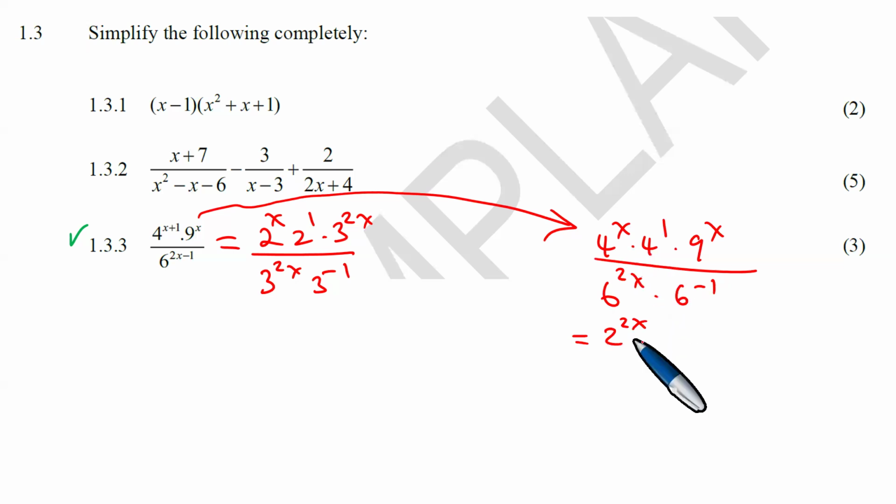Then 4 here is also 2 to the 2. 9 is 3 to the 2x. The next thing is 6 to the power 2x. 6 is tricky because 6 is not a perfect square, but you can write the number 6 as 3 times 2, to the power 2x.